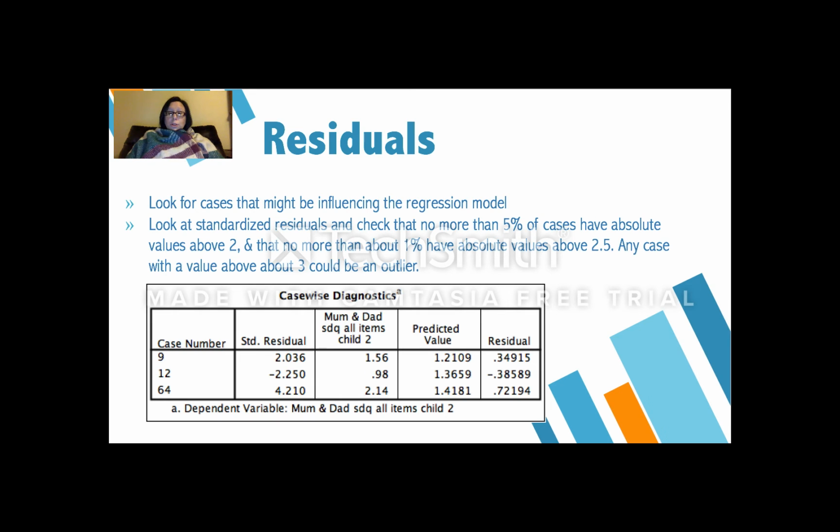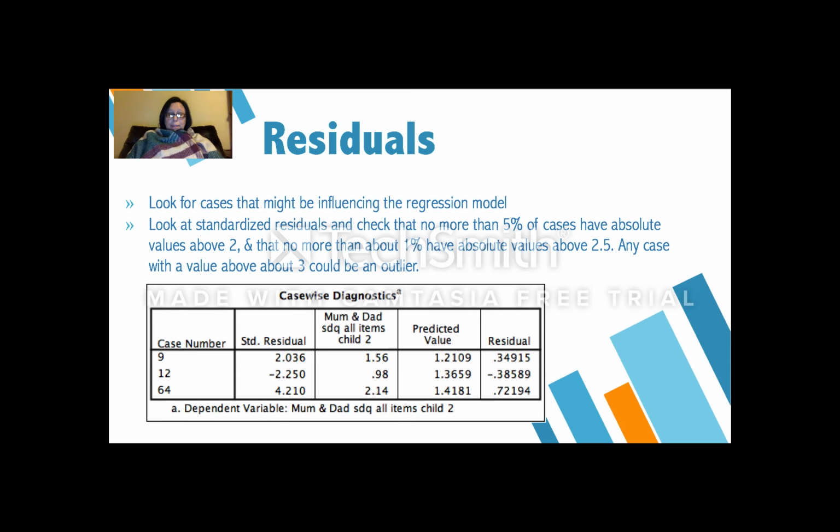And the output shows any cases that have a standardized residual that is less than -2 or greater than 2. In an ordinary sample we would expect 95% of our cases to have standardized residuals within about plus or minus 2.